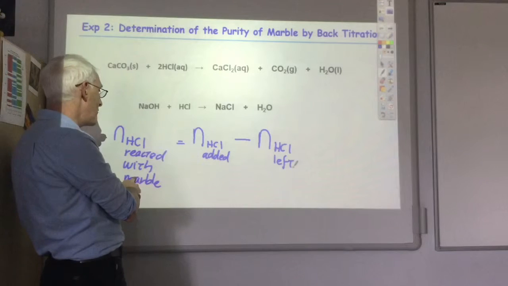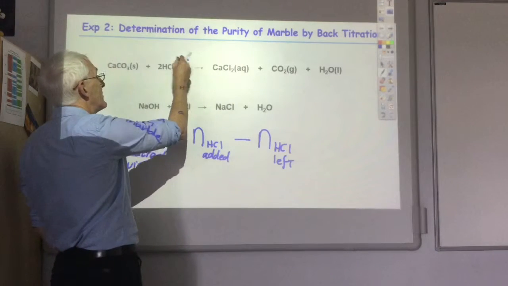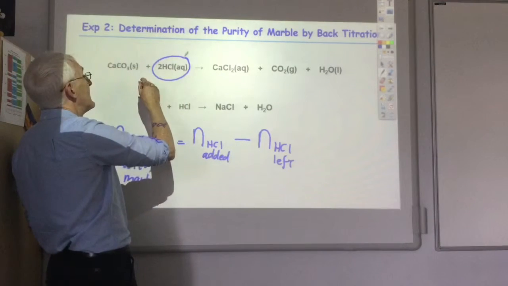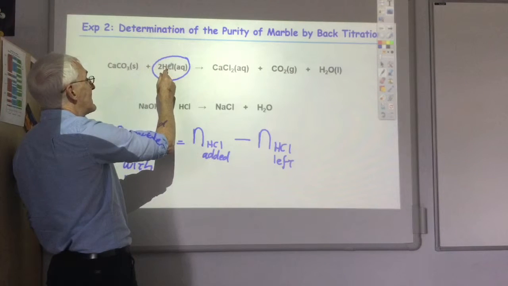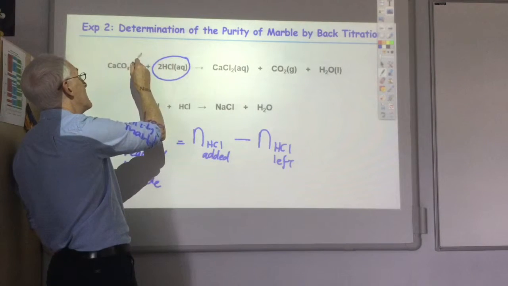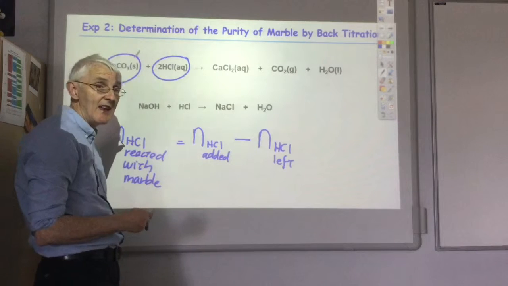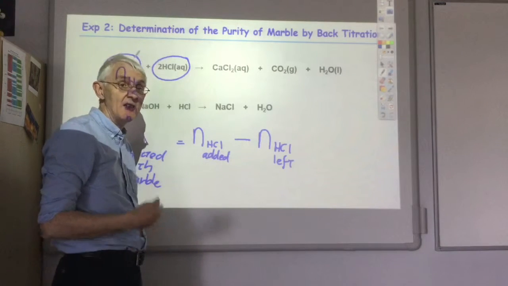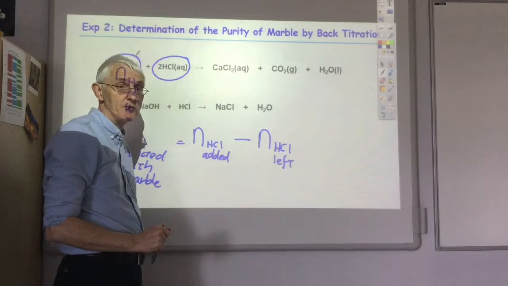So that gives us the number of moles of HCl which reacted with the calcium carbonate. So if we know how many moles of that reacted, we know how many moles of calcium carbonate we started with, and hence we can work out the mass and the purity of the calcium carbonate sample.